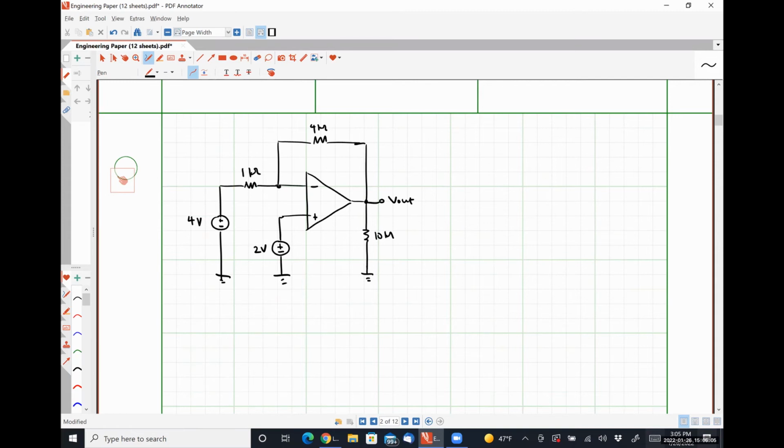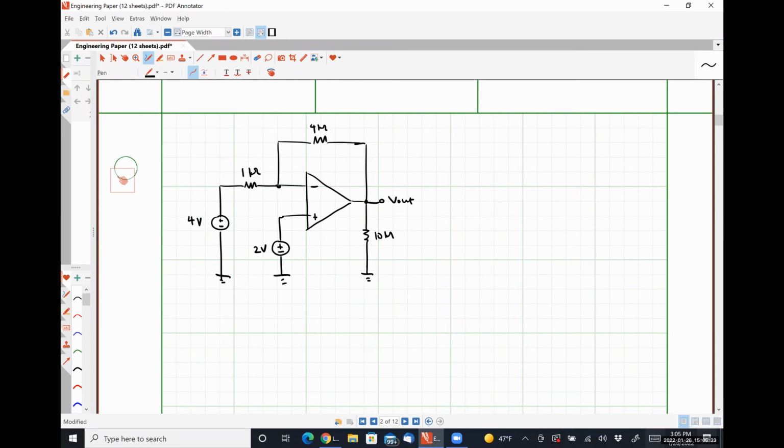That 1 kilo ohm resistor right there is going to allow that to happen even though I have another voltage source. If I didn't have that 1 kilo ohm resistor there, I couldn't use ideal op-amp rules because there obviously is a potential difference between the two. So that 1 kilo ohm resistor fixes that problem.